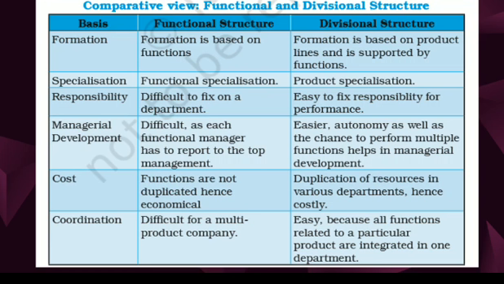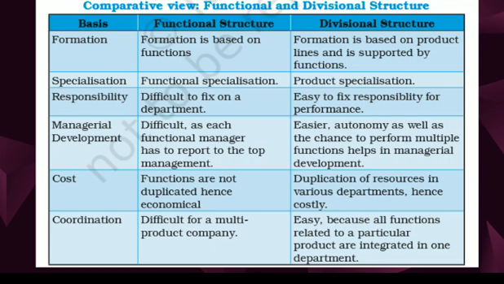Then coordination. Coordination is difficult for a multi-product company, so in functional structure it becomes a little difficult and confusing. But in divisional structure, coordination is very easy, because all functions related to a particular product are integrated in one department.